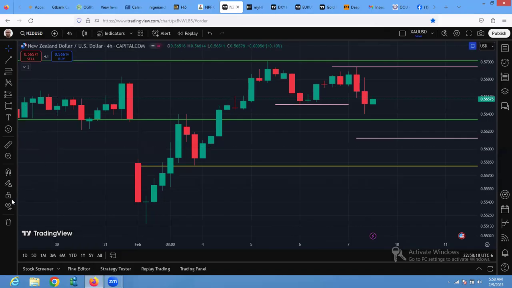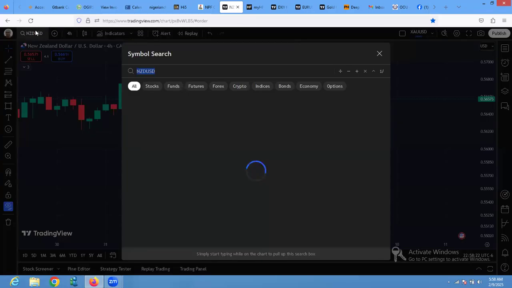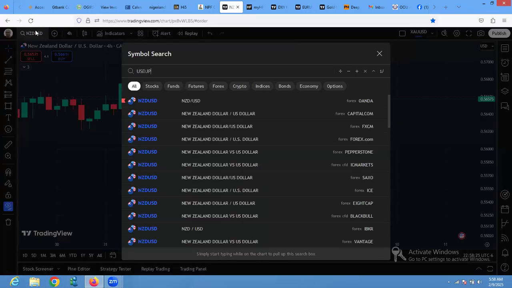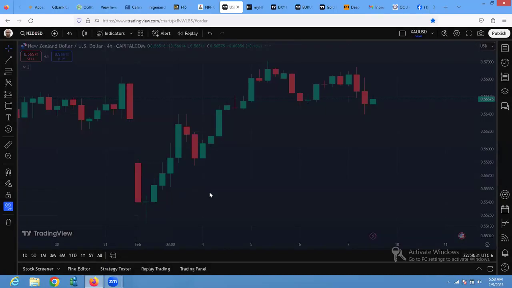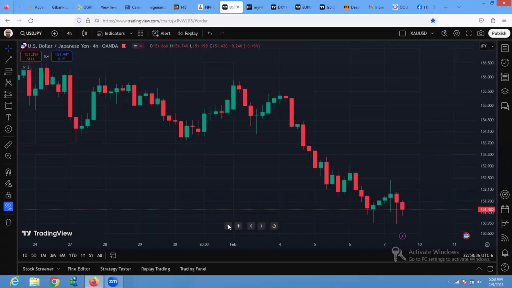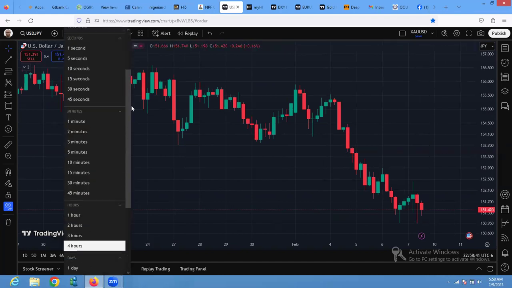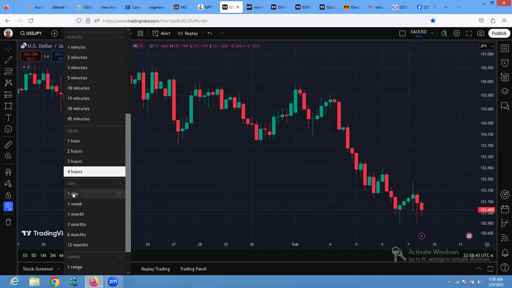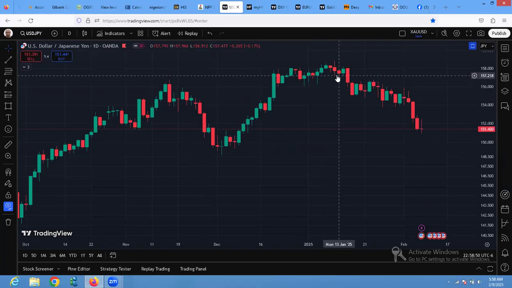Now, let's look at USD dollar yen. Dollar yen itself also, two things are likely scenarios here. The likely scenario here is that I've been in a sell from here.